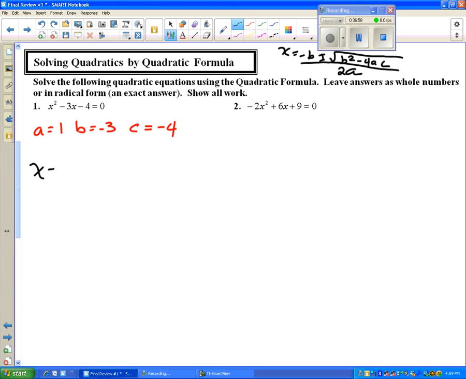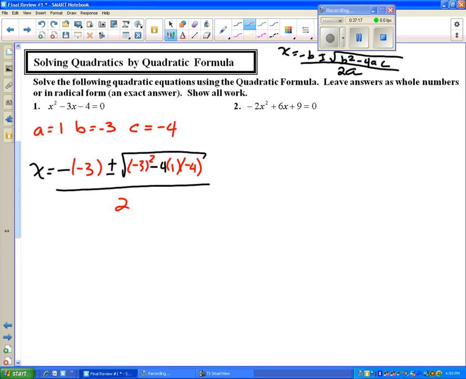X is equal to negative 3 plus or minus the square root of negative 3 squared minus 4 times A times C all over 2 times A. Simplify.